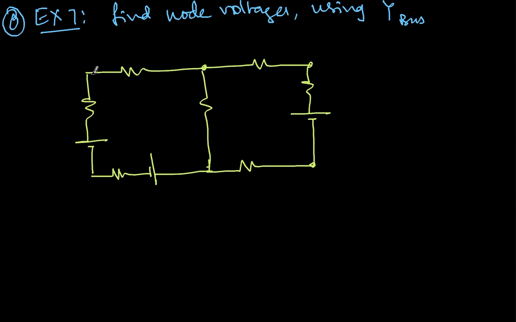So the nodes are, let's call this V1, let's call this V2, let's call this V3, and let's call this V4 and V5.